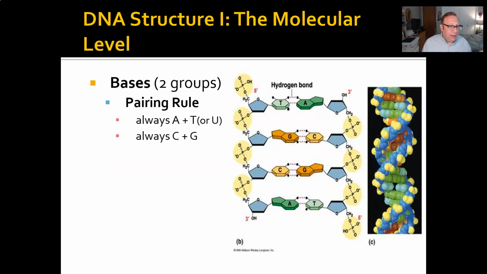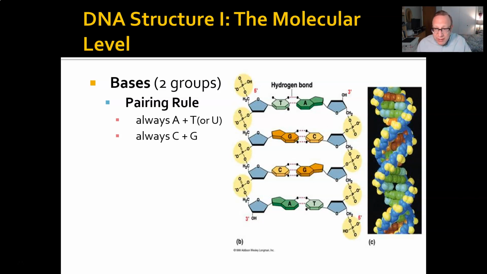Okay. The neatest thing about this is that these bases can only connect in a very particular way. It's called the pairing rule. A and T always pair, or conversely, A and U. C and G always pair, but you never pair G and A, or C and A, or C and T. None of those others.